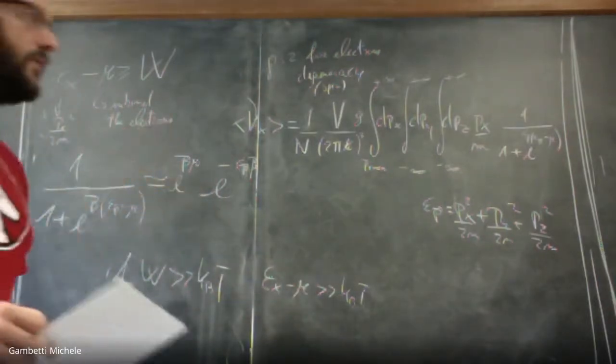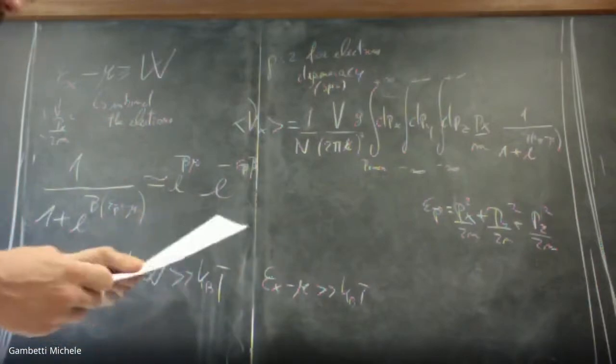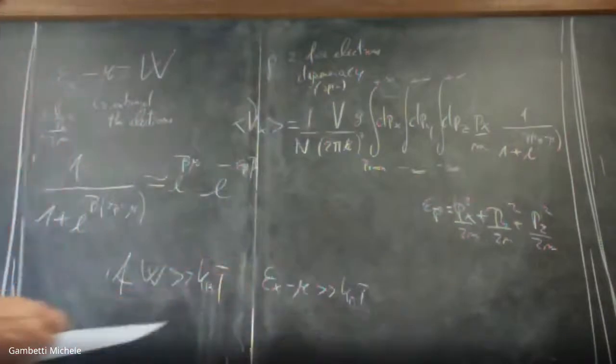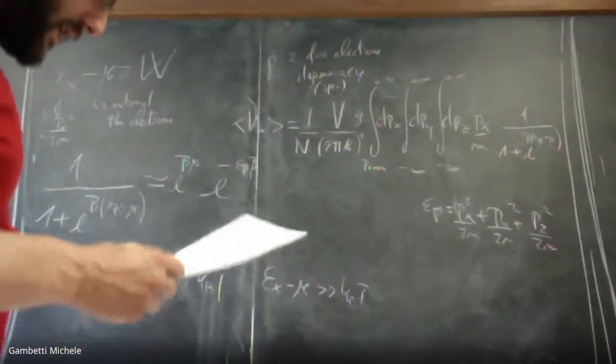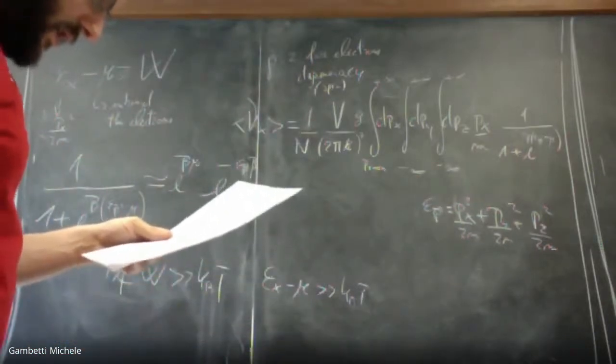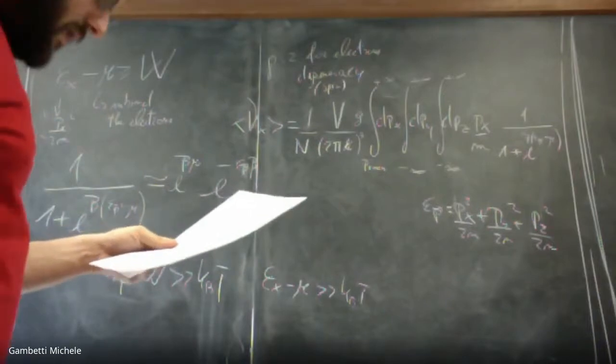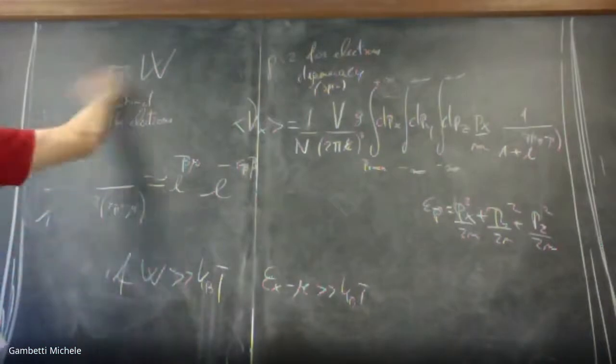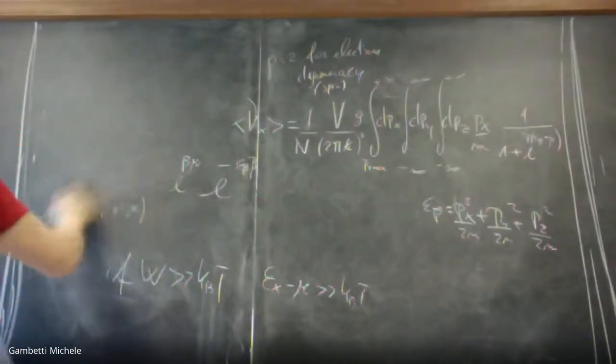But this, honestly, is just to do a simple calculation. One in principle should consider just this, because electrons are typically degenerate in metals.